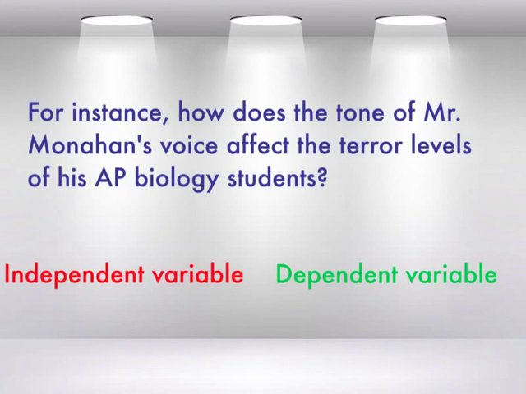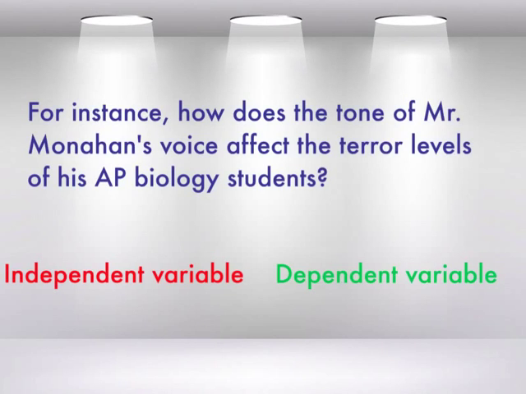So here's what I'd like you to do. I'd like you to copy this question down, and I want you, from the question, to identify the independent and the dependent variables in the question. Notice I've used red to denote the independent variable and green to denote the dependent variable. I want you to pick two colors.